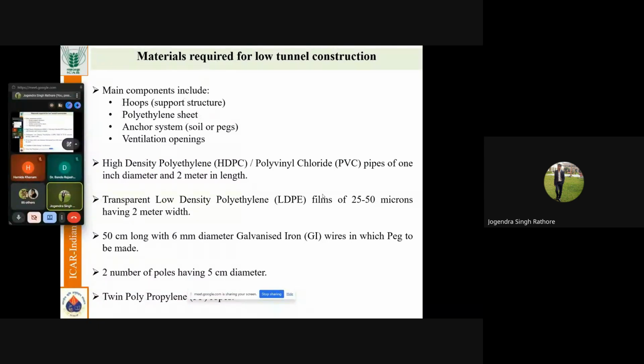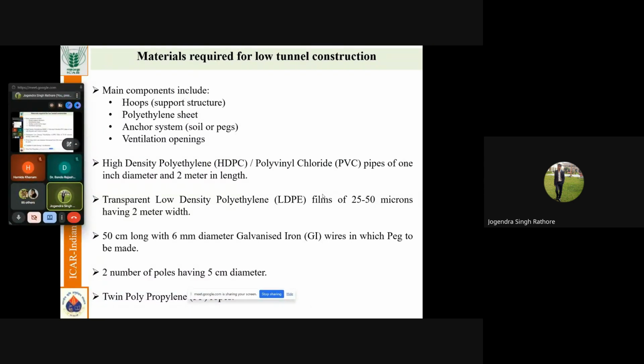First is your supporting hoops, which can be made from various materials like bamboo sticks, PVC pipes, even galvanized iron wires. Whatever material is easily available or according to our economics, we can use for supporting hoops.